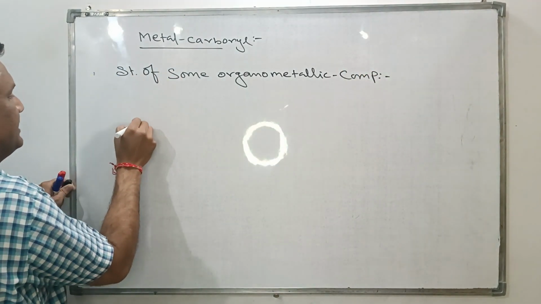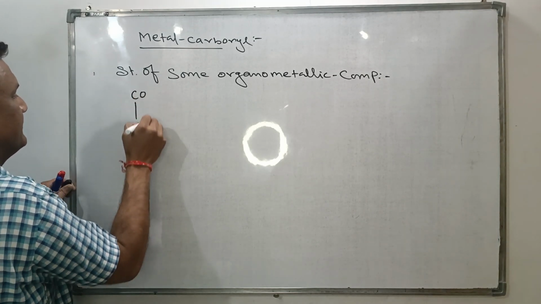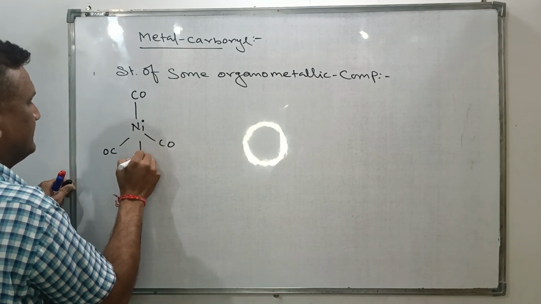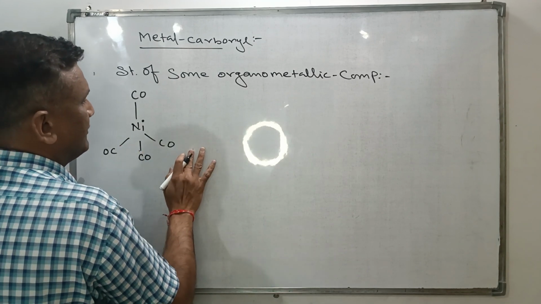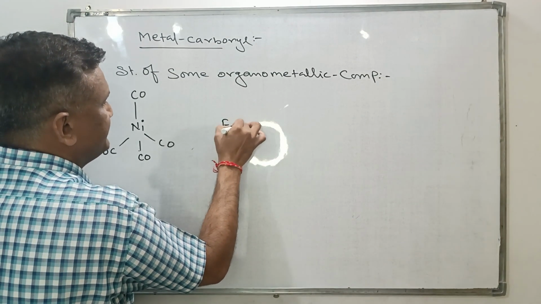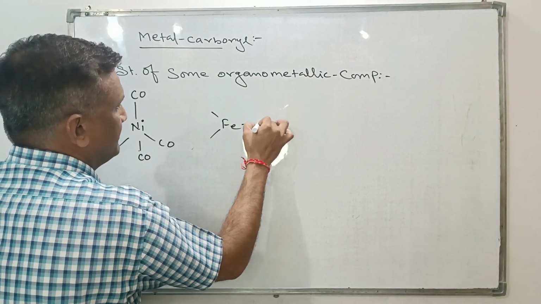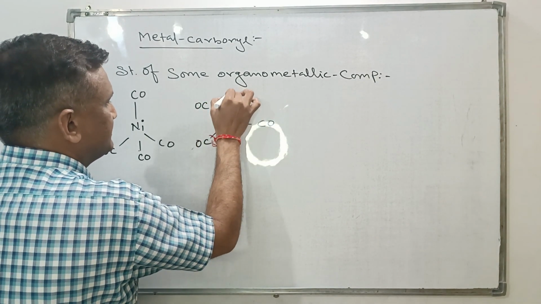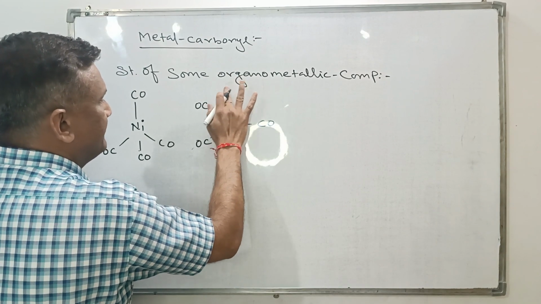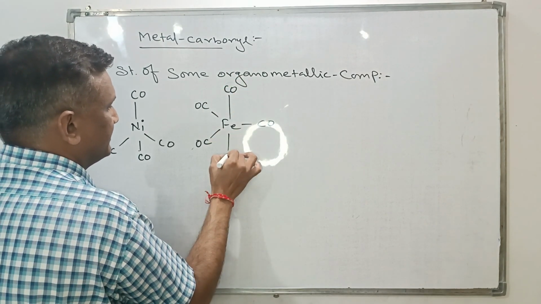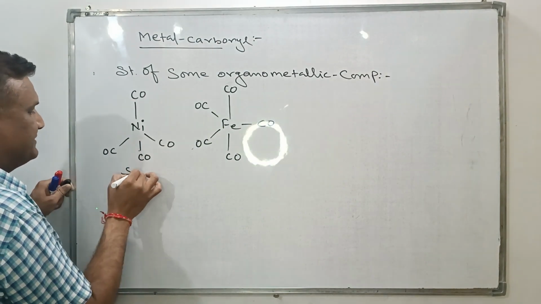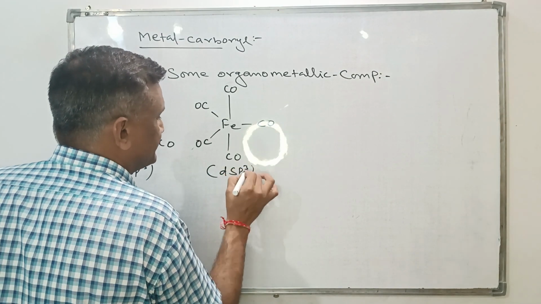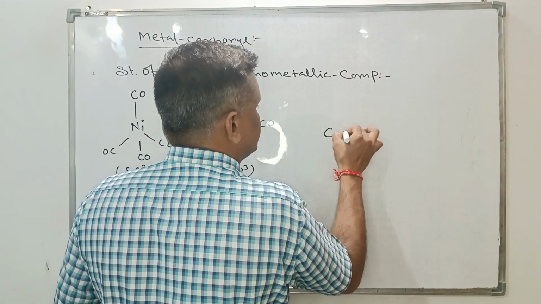This is the tetrahedral structure of Ni(CO)4. If you go with Fe(CO)5, it will be trigonal bipyramidal like this, with dsp3 hybridization.